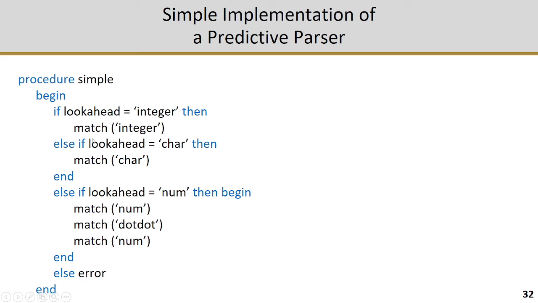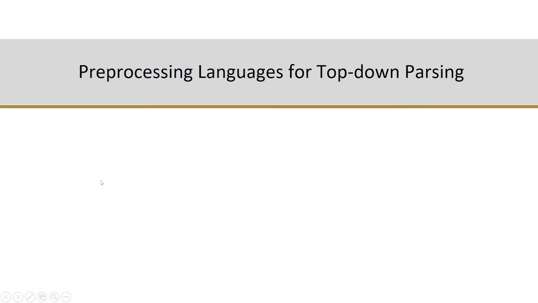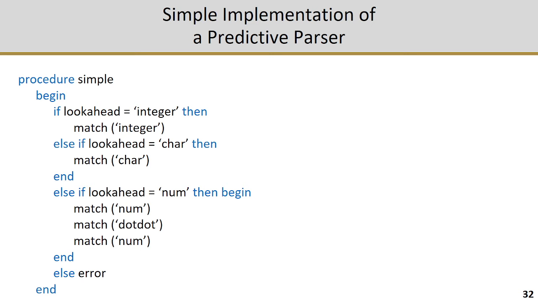And if all these three cases fail, then we raise an error message since we have only these three options for the simple and nothing else. Okay, so a predictive parser can be implemented easily this way.